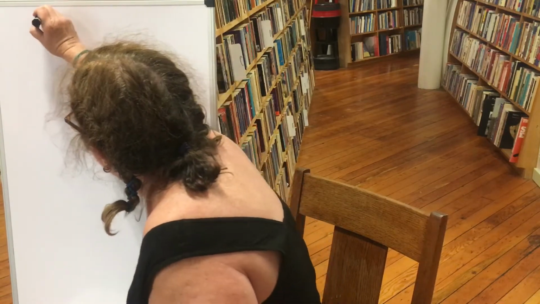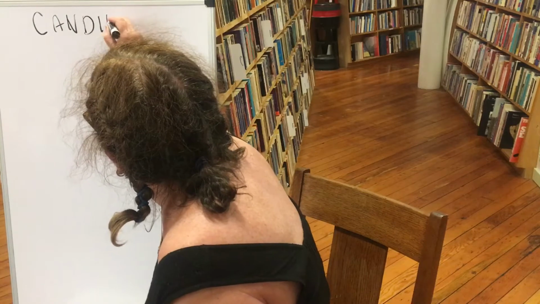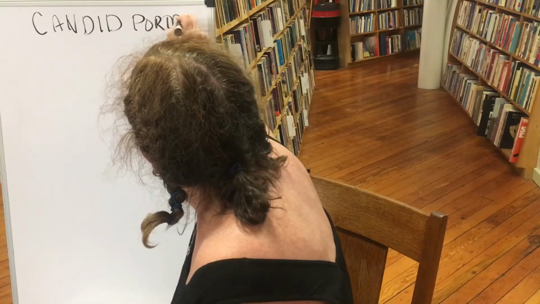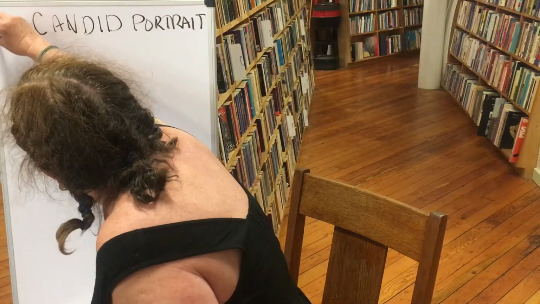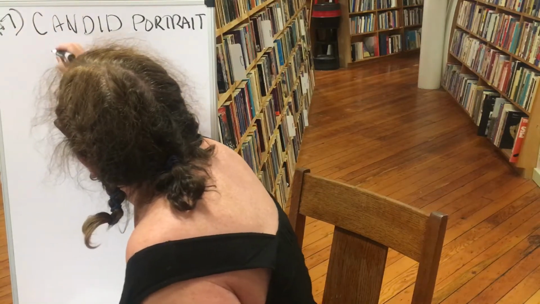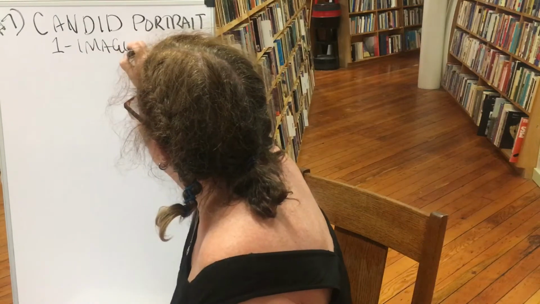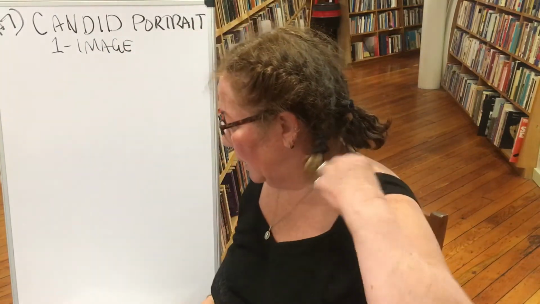So it's the candid portrait. It's assignment number 7, and it is one image. And there's some tricks to doing it. So we're going to talk about all of the different things.